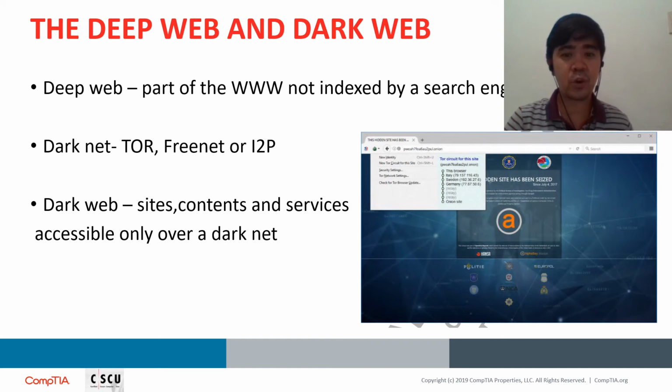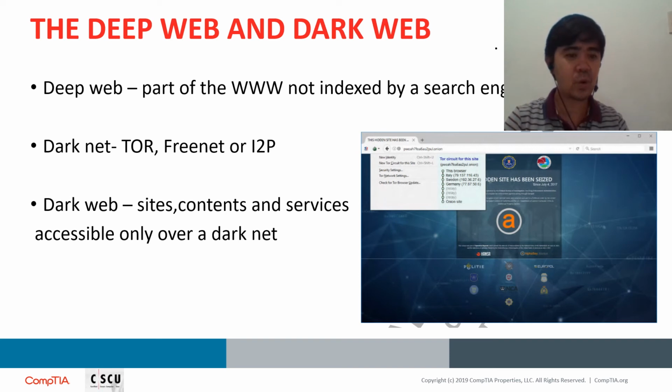In order for your computer to access the darknet, you need Tor, which we call The Onion Router. It's actually a special type of browser. There's also Freenet and I2P, peer-to-peer platform software which acts to anonymize usage and prevent a third party from knowing about the existence of the network.